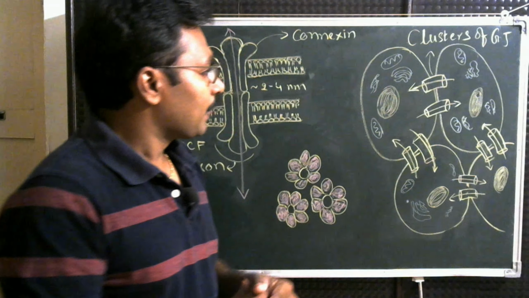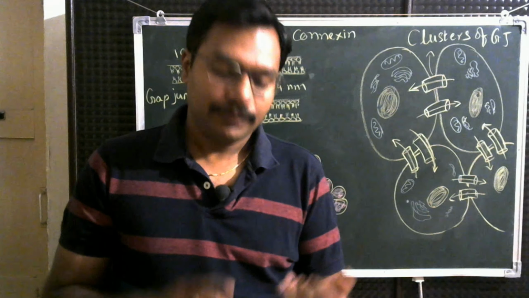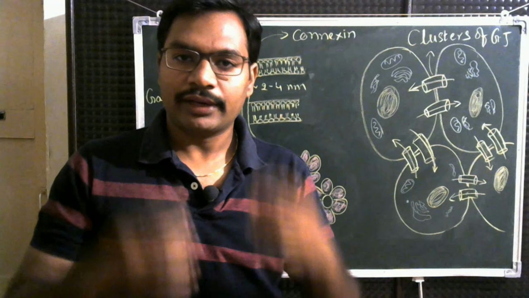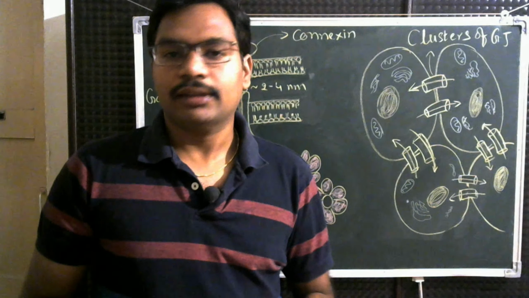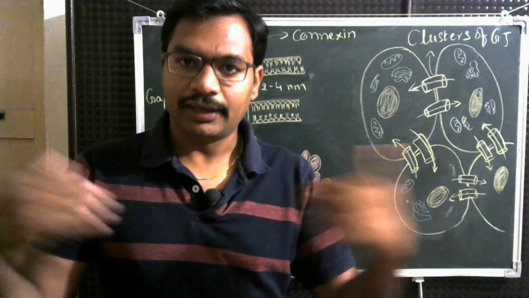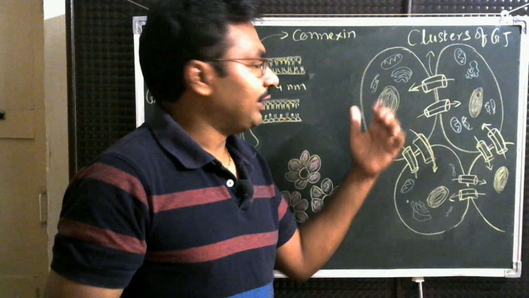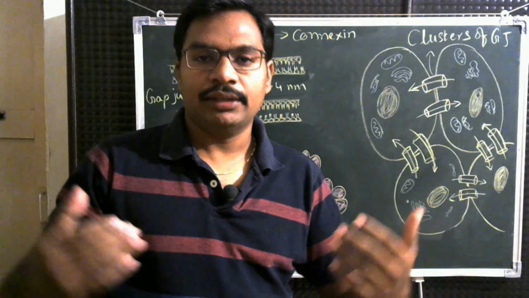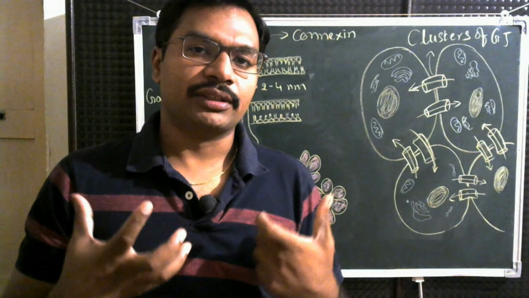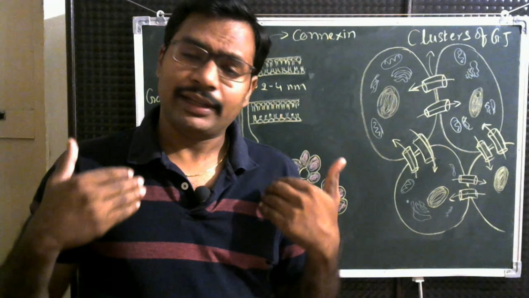These gap junctions were initially identified in the cardiac muscle and neurons. Look at the retina, one of the complex layers of the eye. When the photoreceptors are stimulated, they have to pass the visual information to all the layers.